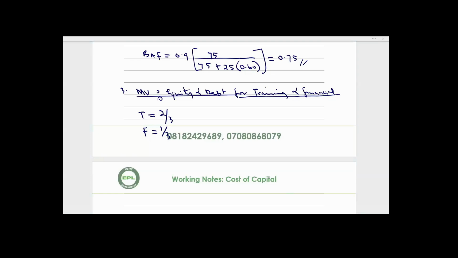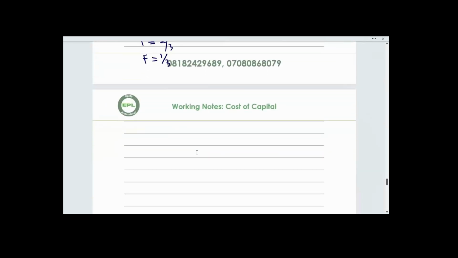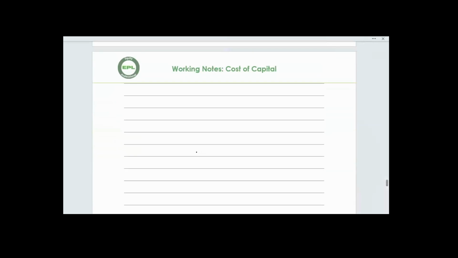Step 4 says you should calculate the combined asset beta, or weighted average asset beta, however you want to put it.